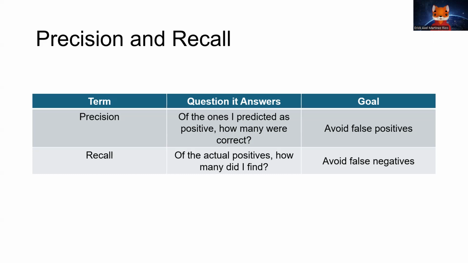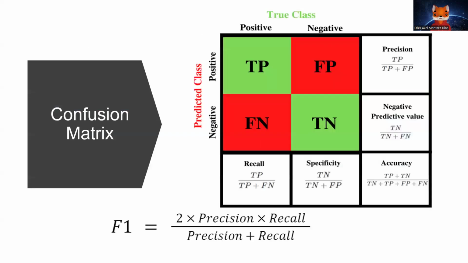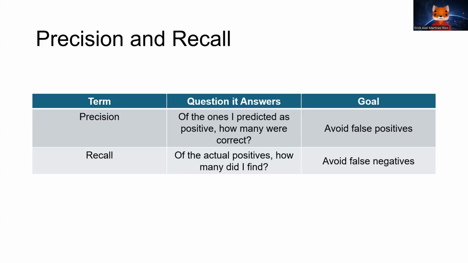So the question is, how many of these true positives did I identify? And how much am I avoiding the false negatives? In the case of the recall, we want to reduce as much as we can the presence of false negatives in our predictions. So we want to avoid that. That's why it is asking, of the actual positives, how many did I find?